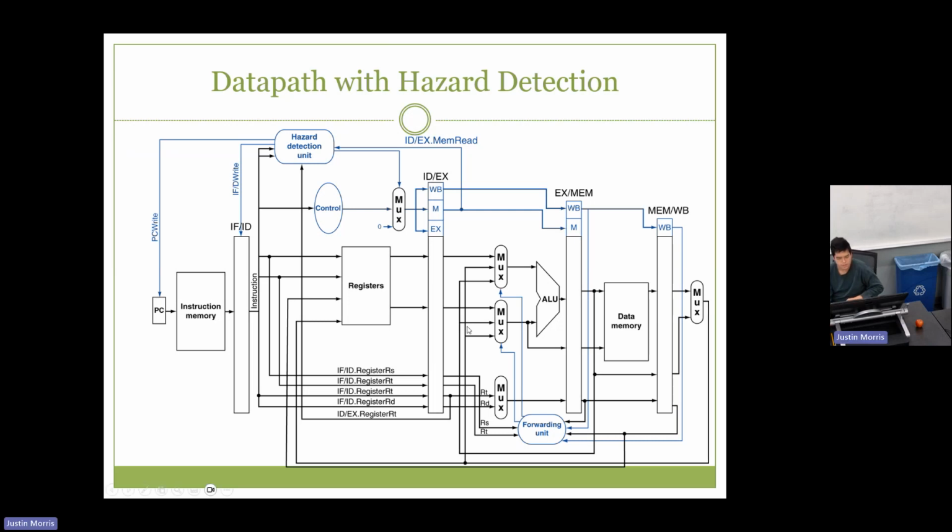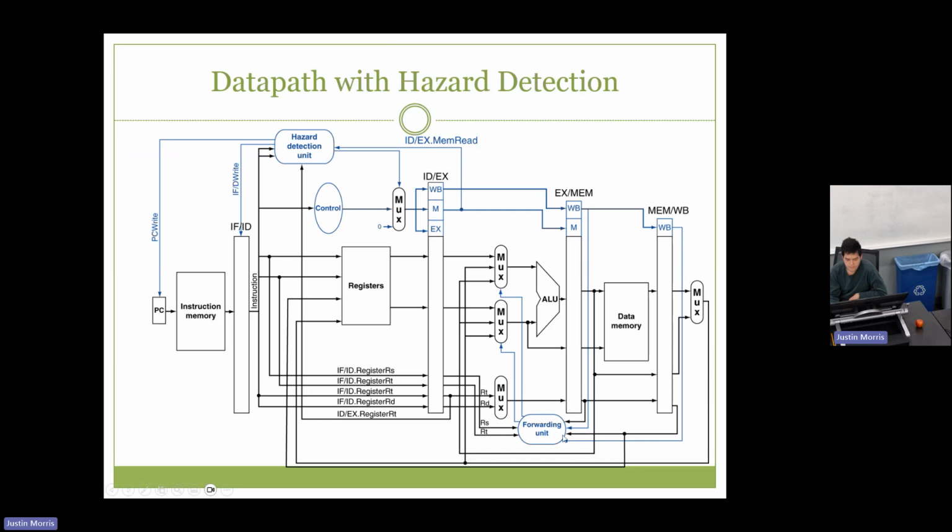So this is our not final. There's still a little bit more to be added to this pipeline, but from the single cycle, we have the whole path. And then after the single cycle, we've added control, right? And after we added control to the single cycle, we talked about pipelining and added these pipeline registers, right?